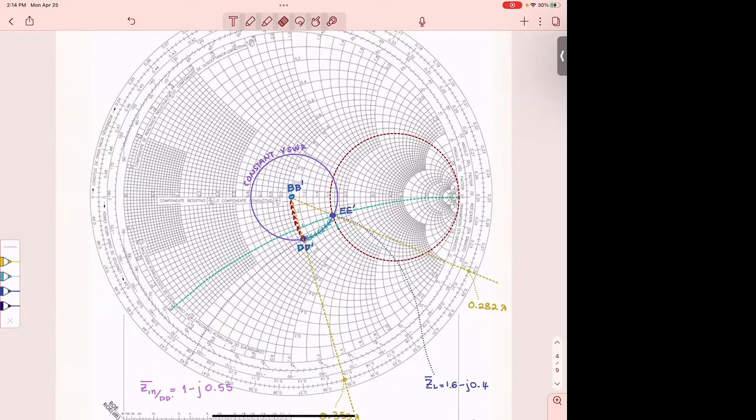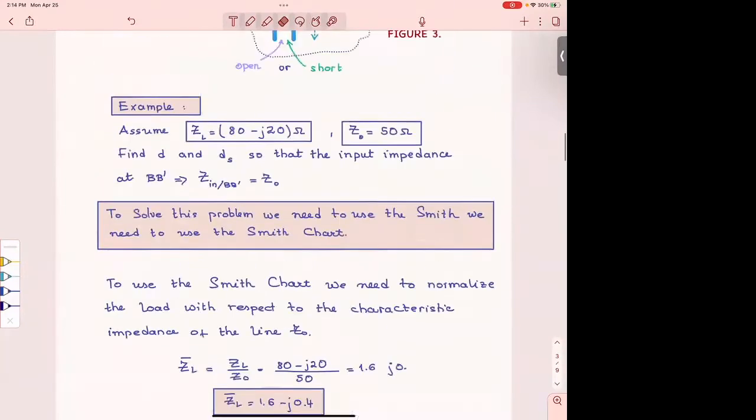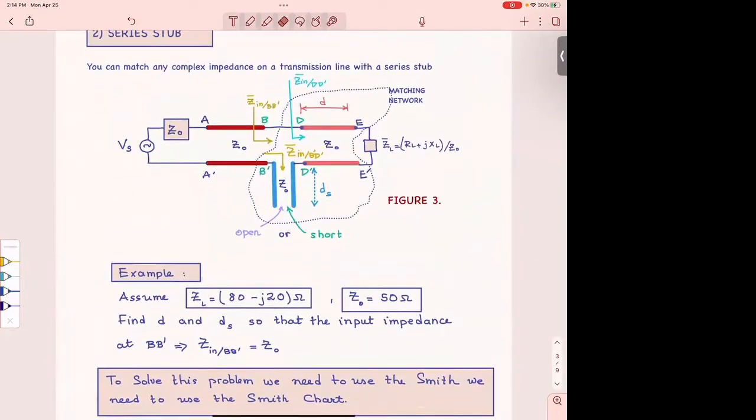It's always reactive, no real part. The input impedance of the stub has only an imaginary part, which means that if I place a stub in series on my line here, the equivalent impedance it places on the line is going to be imaginary only.